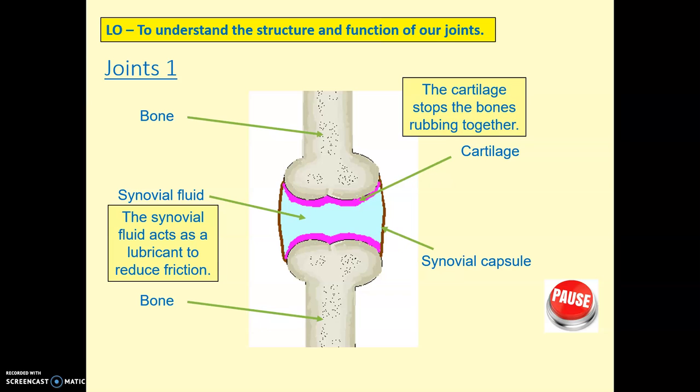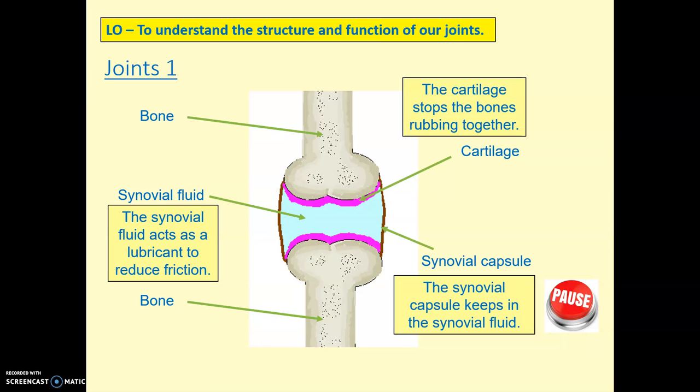The synovial fluid acts as a lubricant to reduce friction, and the synovial capsule just keeps that synovial fluid inside it as a barrier. Okay, can you pause the video and write down the 3 definitions of cartilage, synovial fluid, and synovial capsule?